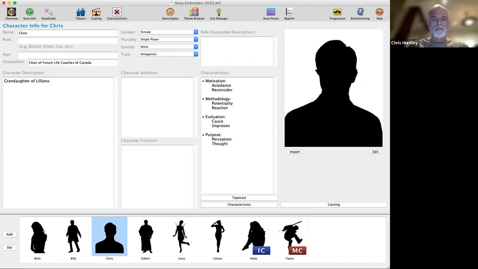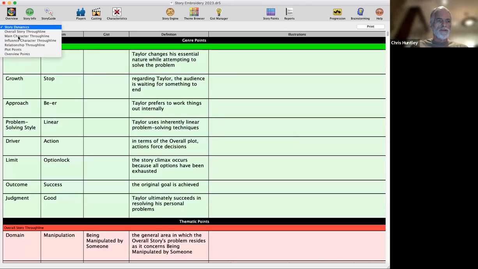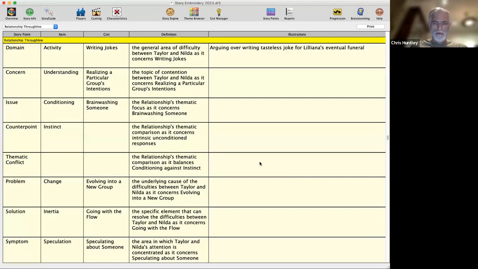So Prish, why don't you give us a little more information about Taylor? Okay, Taylor is the main character. Yeah, he's the main character, and let's look at the story points and the relationship through line a little bit.